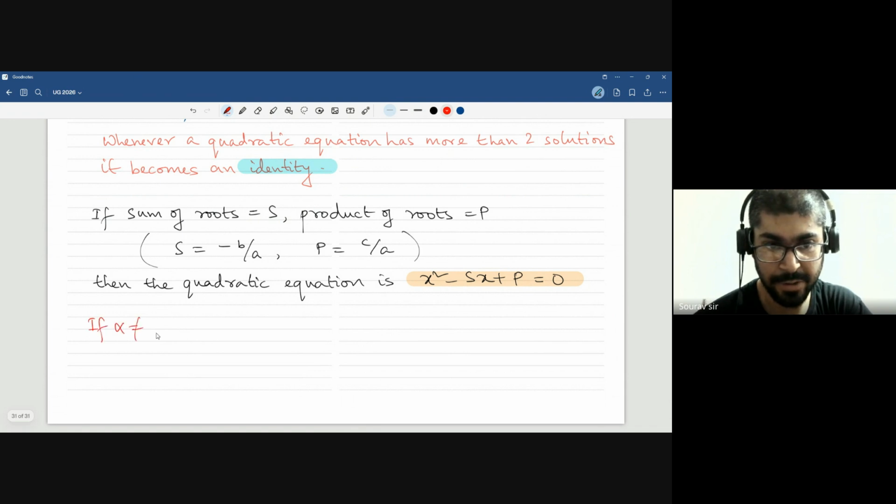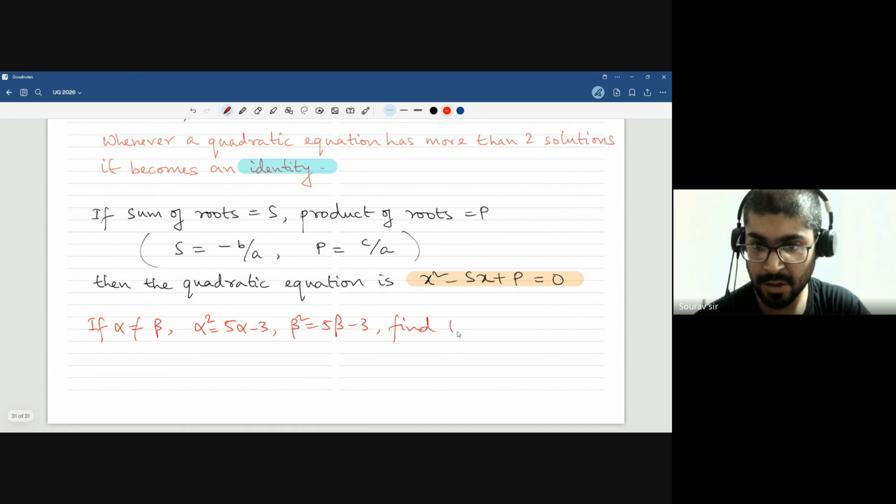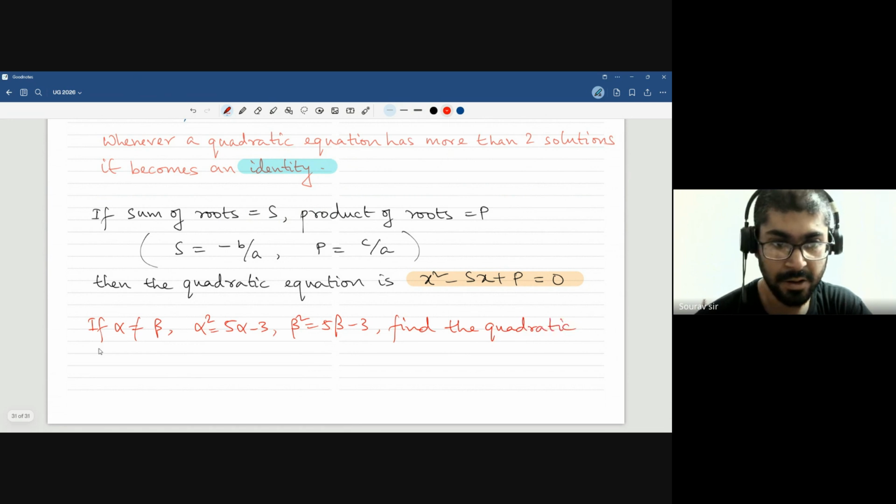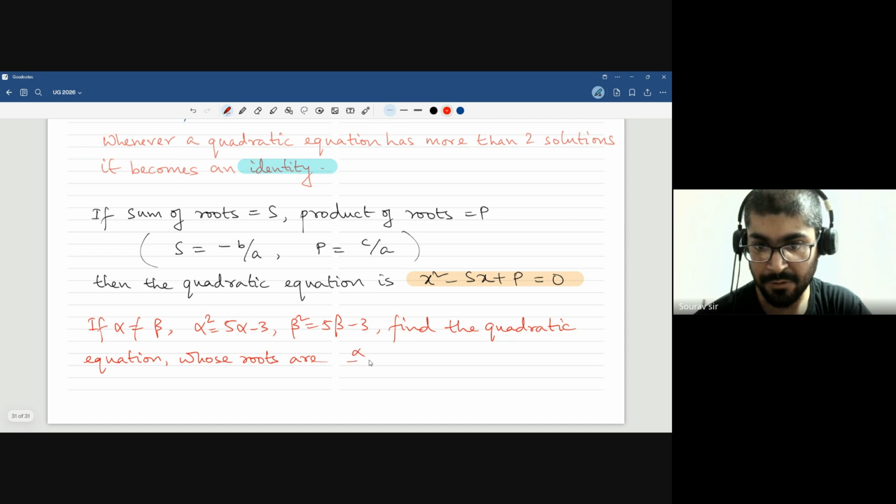If alpha is not equal to beta, alpha squared equal to 5 alpha minus 3, beta squared equal to 5 beta minus 3, find the quadratic equation whose roots are alpha by beta and beta by alpha.